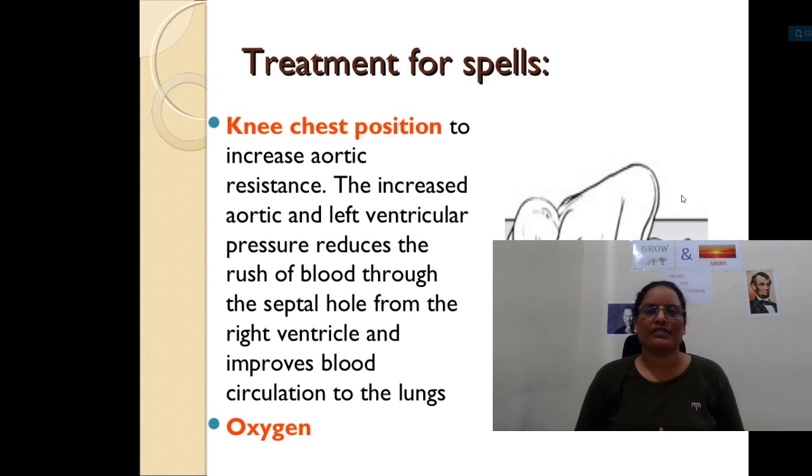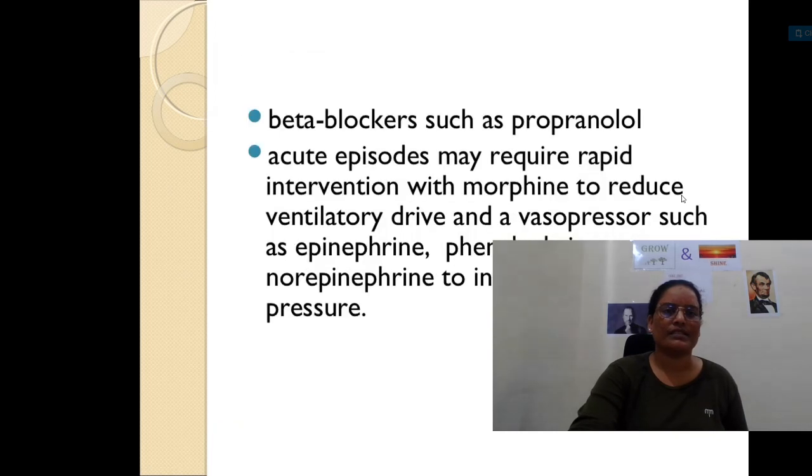Knee chest position gives relief from the symptoms. Knee chest position increases aortic resistance. The increased aortic and left ventricular pressure reduces the rush of blood through the septal hole from the right ventricle and improves the blood circulation to the lungs. Then oxygen therapy is also good for this condition.